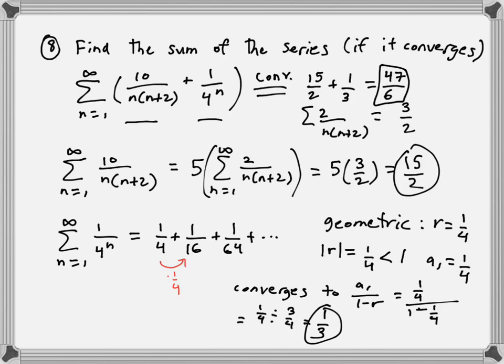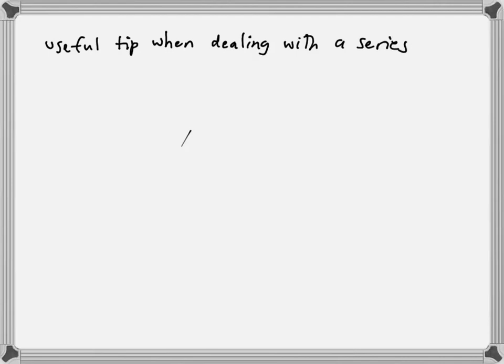There is one last thing I want to say. This is just a useful tip when dealing with a series, okay? We're going to cite this a lot later on. This is why I want to say it, okay?